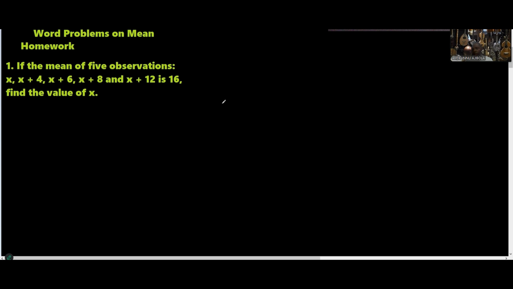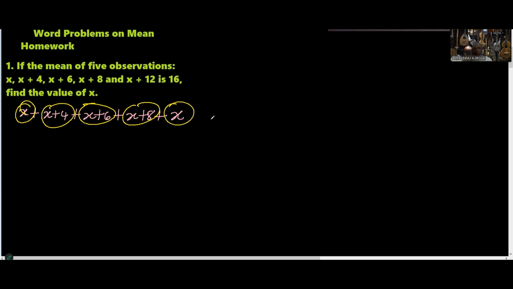So just the same procedure. You have five observations: the first one plus the second one plus the third one plus the fourth one and the last one. So these are all of the observations. One, two, three, four, and five: x plus 12.